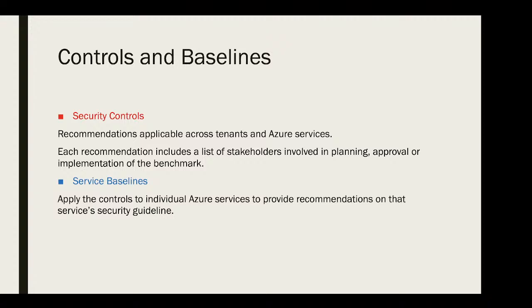First, there are security controls, and then they have the recommendations applicable across tenants and Azure services, and each recommendation includes a list of stakeholders involved in planning, approval, or implementation of the benchmark. And then the service baselines are there, so each individual Azure service that is out there can be secured using one of these service baselines. What's really informative here is that all of these are mapped to a certain resource. We can see it in the demonstration.